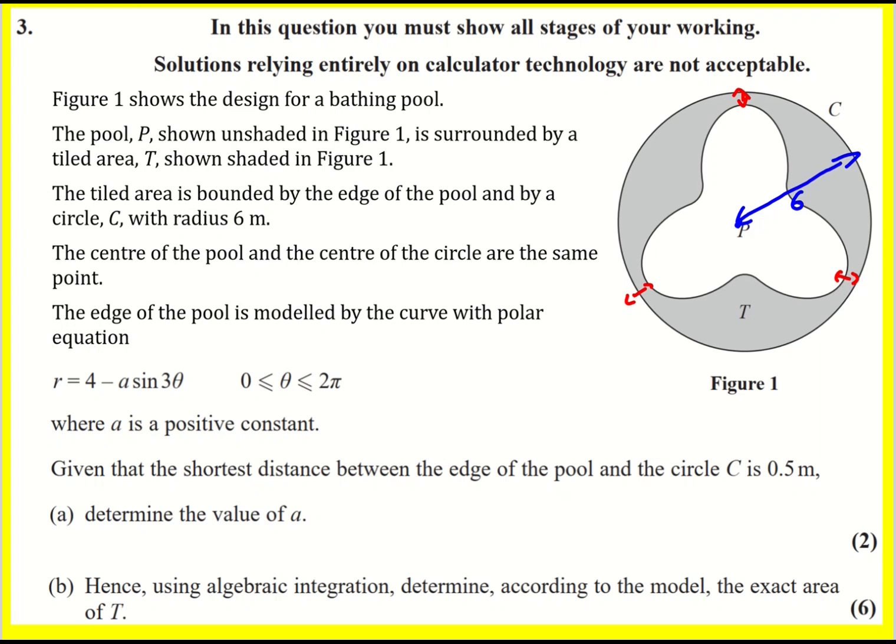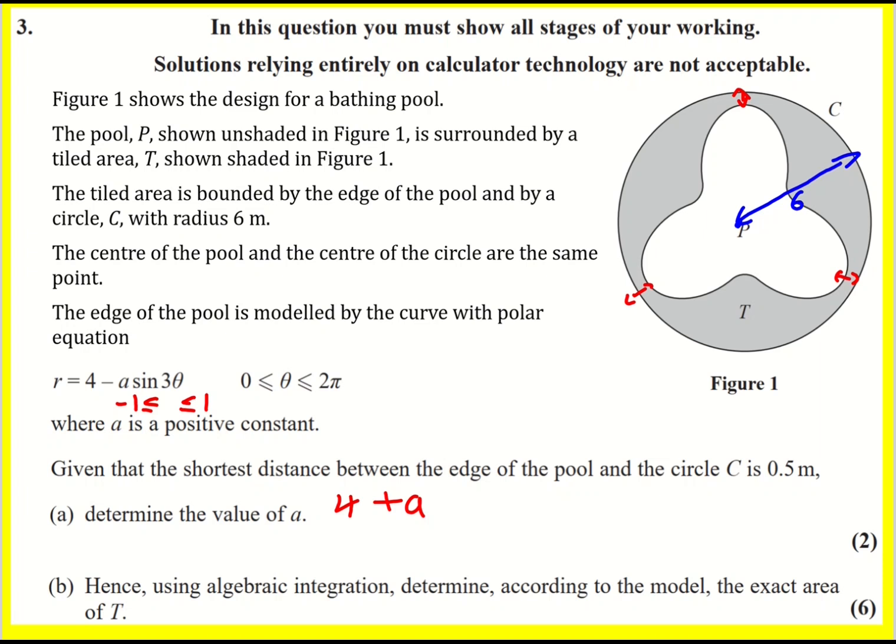But it's going to be when r takes its largest value, and it's therefore going to be when 4 plus a, because I'm minus, remember, sine varies between -1 and 1. So if it's equal to 1, for example, we're going to get our smallest point, 4 minus a, the longest distance from the edge of the pool.